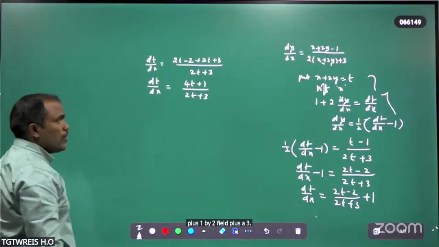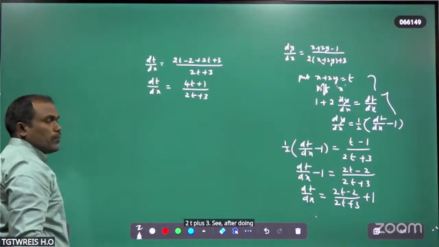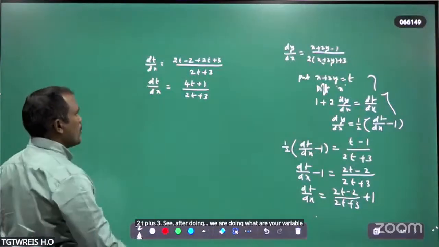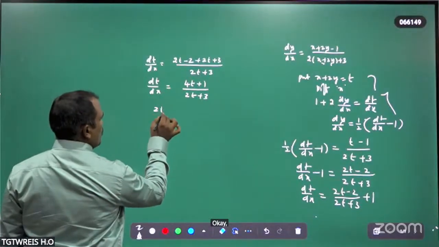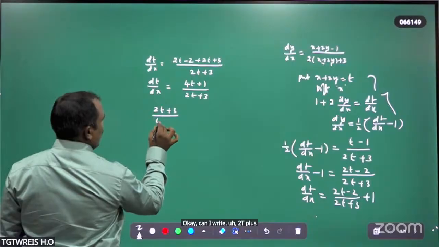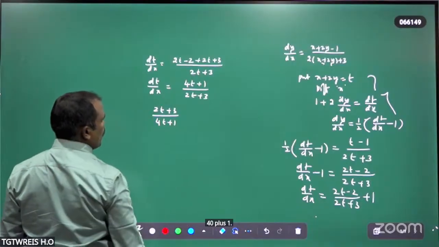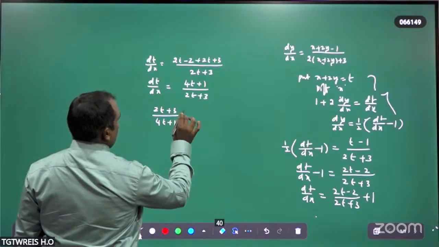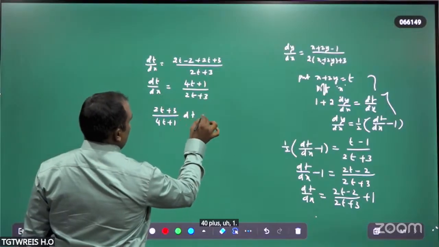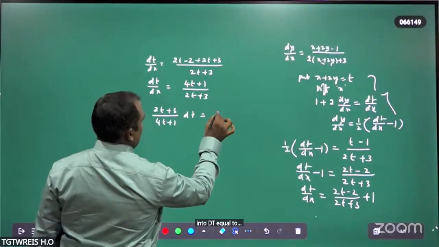After this, we are doing variable separable. Variable separable means all t terms on one side, all x terms on the other. Can I write (2t plus 3) by (4t plus 1) into dt equal to dx?